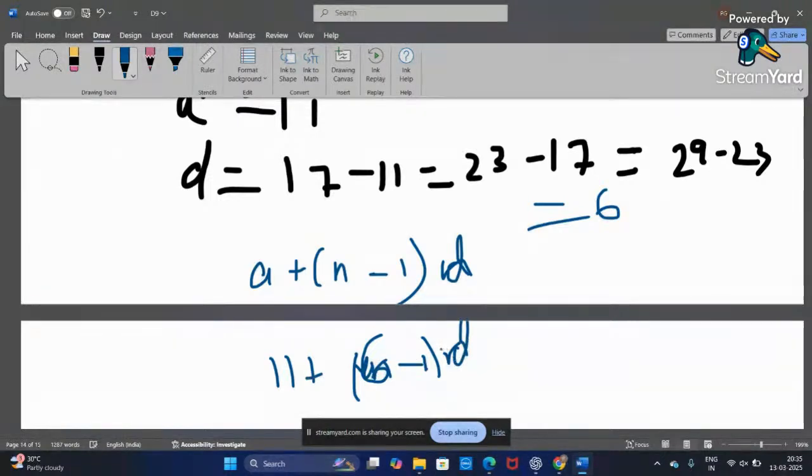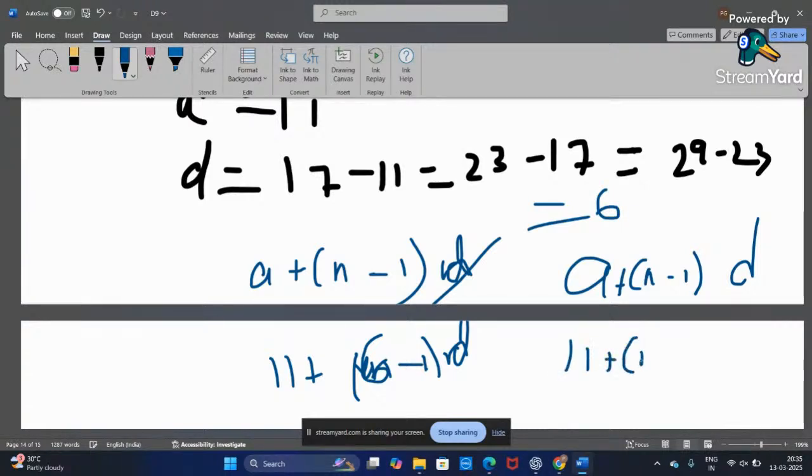One second. I'll write it down here again. A plus n minus 1 D. We know the A value as 11 plus n minus 1, and 6 is D here. Okay. 11 plus 6n minus 6. Right?